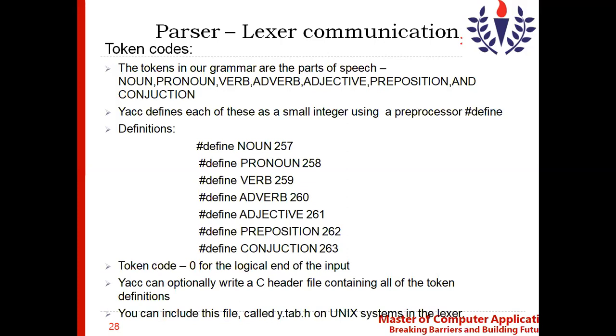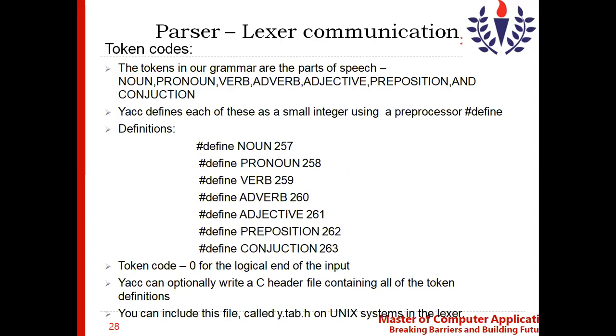When there is communication between lex and yak, when you want to combine the lex program and the yak program, the header file y.tab.h has to be included in the lex program. It is required because the token is sent from lex to yak, and yak should know this is the token coming from lex.